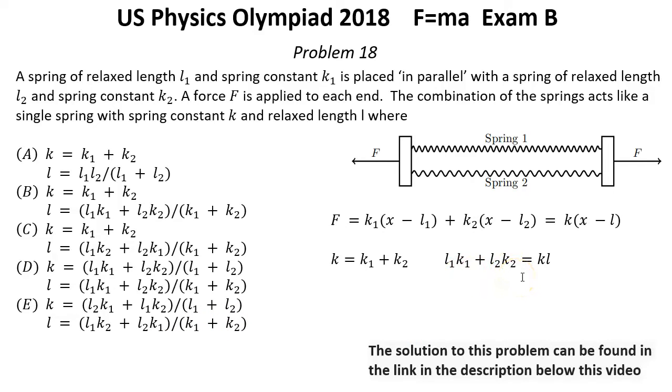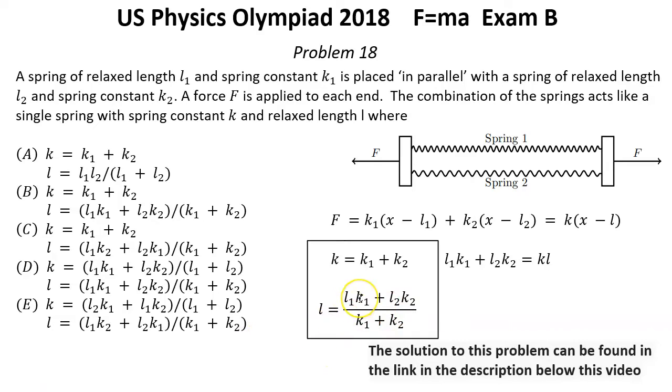It means that now we can find the relaxed length L. That will be this expression. It means that the answer is this one, which is answer B, and that was the solution for problem number 18.